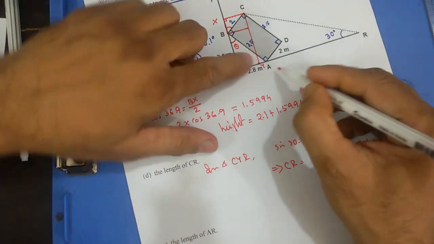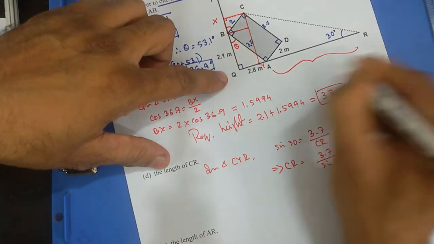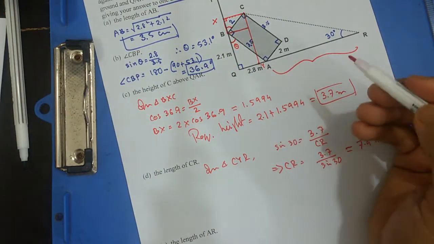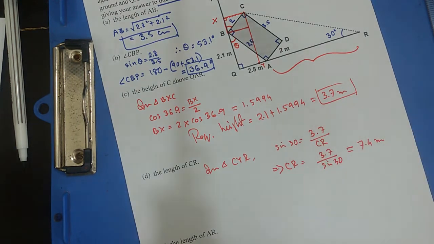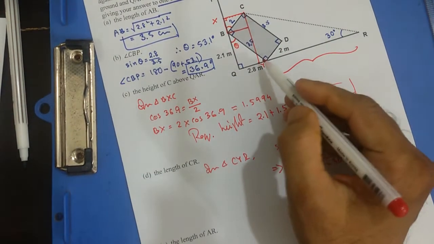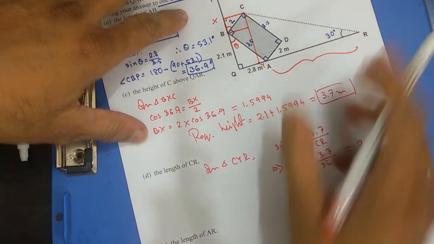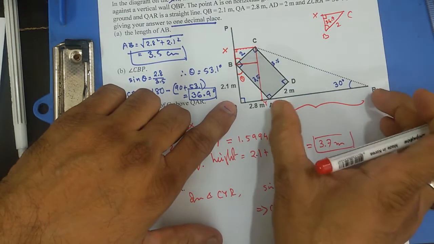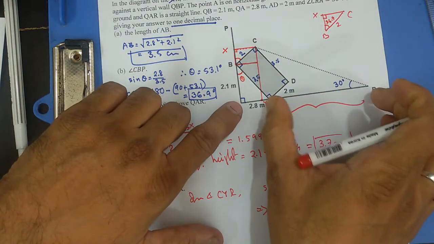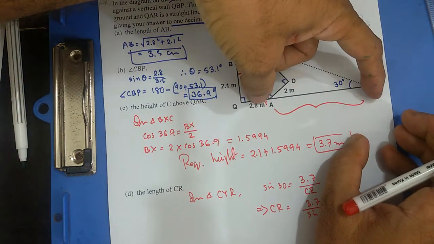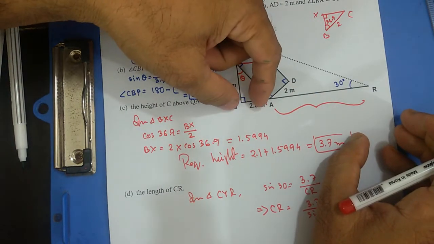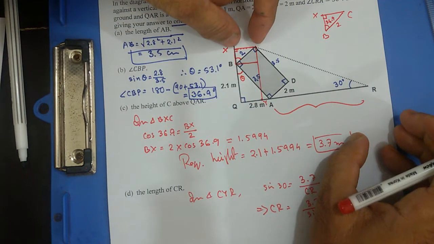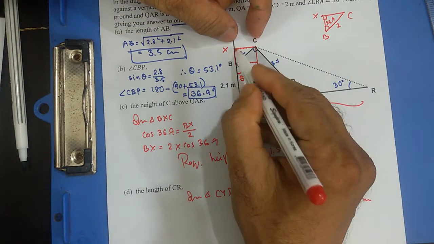Now the length AR, not YR. YR was very easy. Now, I cannot get this one easily. But if you look closely, from this triangle I can find CY. With CY, if I add QY, and QY equals CX, so we can find CX from this.